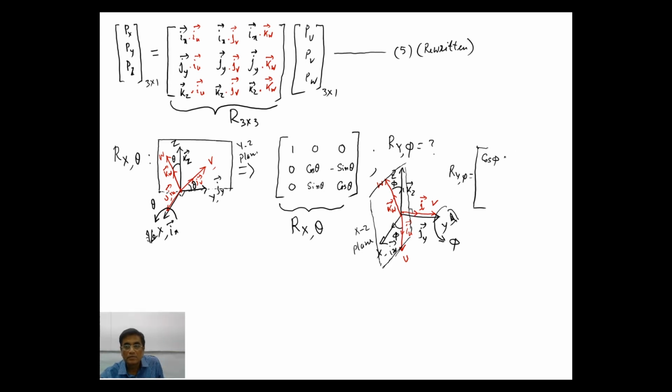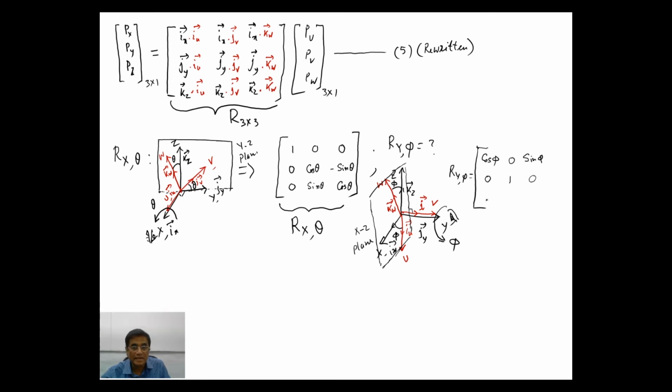Now accordingly, this will be 0, because the angle between them is 90 degrees, and then Ix Kw, Ix is here, Kw is here, so cos of pi by 2 minus phi, that means sin phi. Then Jy Iu, again the angle between them is 90 degrees, Jy Jv the angle between them is 0, and this also is 90 degrees.